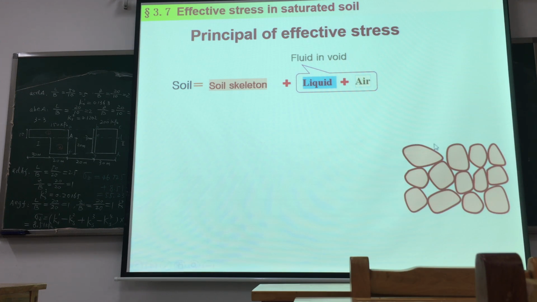So when the load is applied to the soil, the load is carried by soil particles and the water or air.